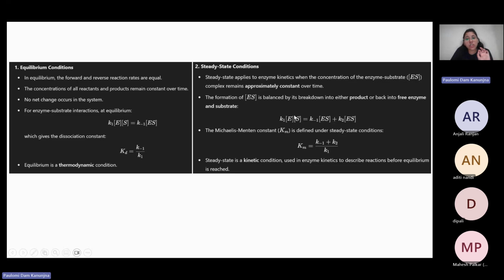So that is what we mean by a steady state condition. If you see, in both conditions your Kd still remains the same, because Kd is about the dissociation constant, and the dissociation constant works both in the equilibrium condition as well as in the steady state condition.